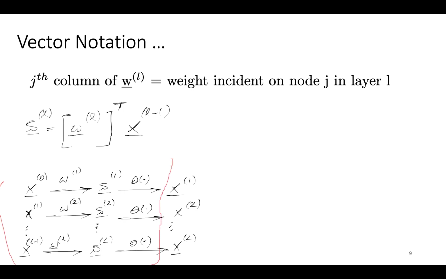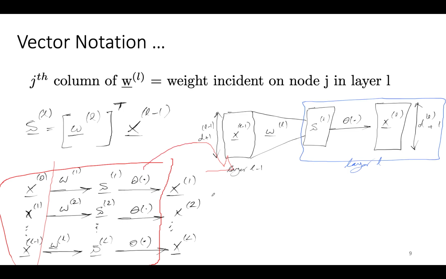In each layer your space would be d plus 1. You have the W's, you compute the s, you activate them, and then you pass them to the next level. Okay? You got the overall flow?